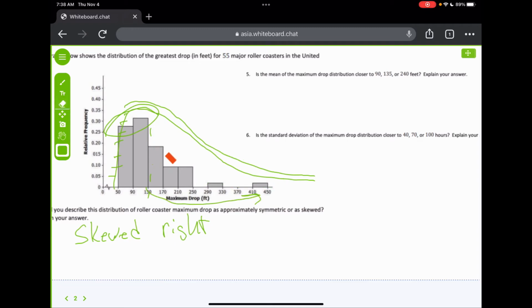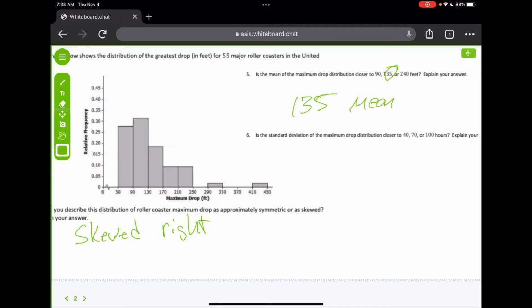So then our other option is 240. Well, there's not even that many of them to the right of it, so that one's not going to be it. So we could easily say, I think here, that 135 is the mean. Okay. Now, the standard deviation. So we're looking at 135, because the standard deviation is the spread according to the mean.